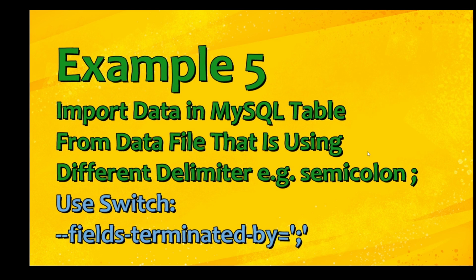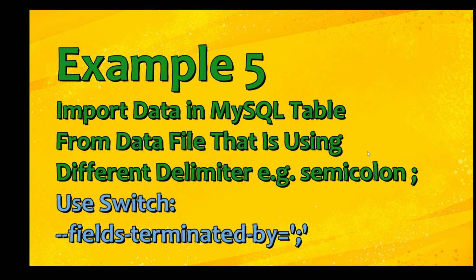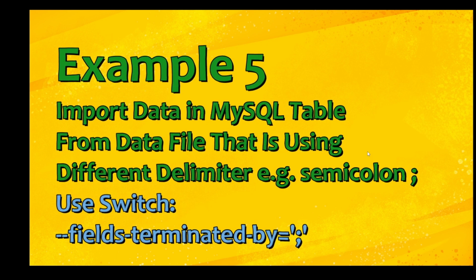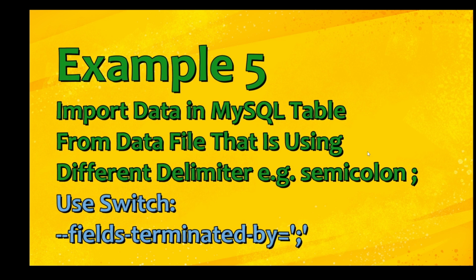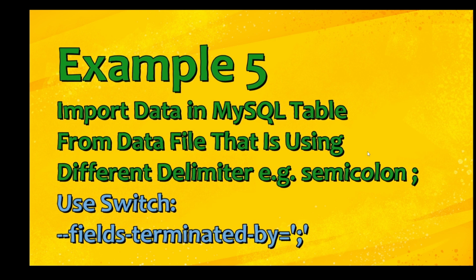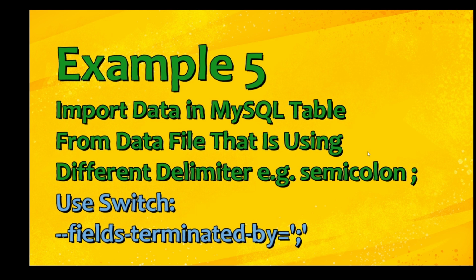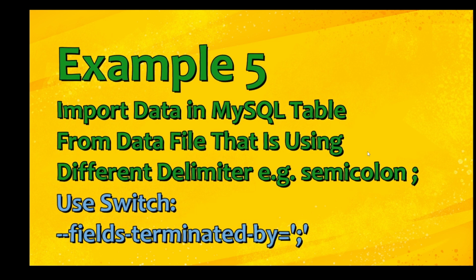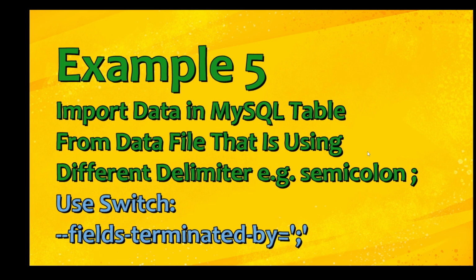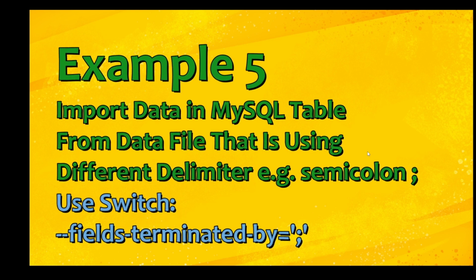We are using MySQL import utility to import data from delimited files. In our previous examples, we have used CSV files where delimiter is comma. We have used the switch, --fields-terminated-by equal comma to specify it. While running MySQL import utility, if we do not specify the switch --fields-terminated-by, then by default, MySQL import process considers space or tab as the delimiter.